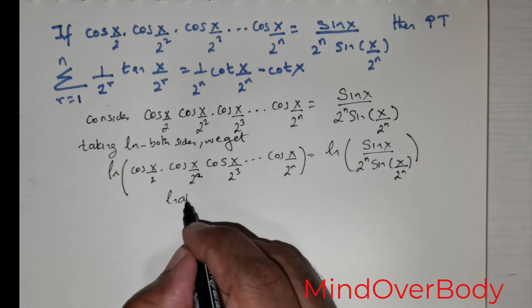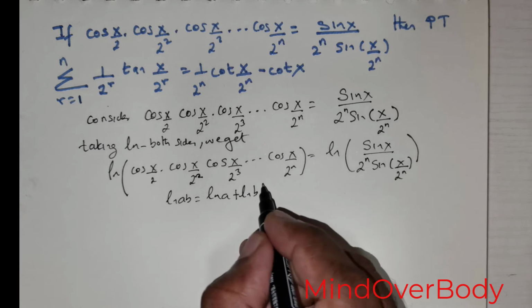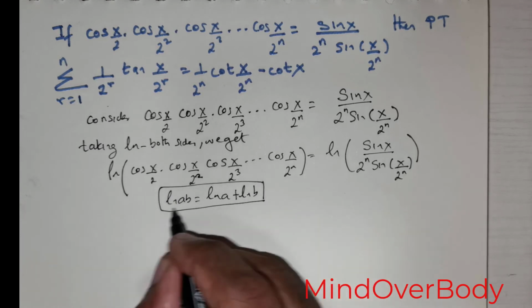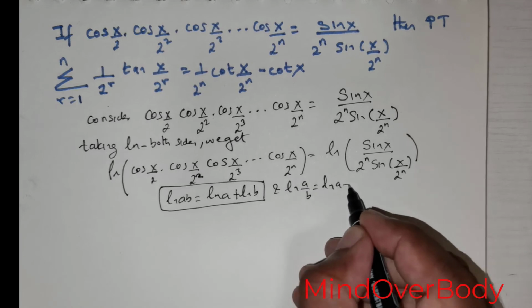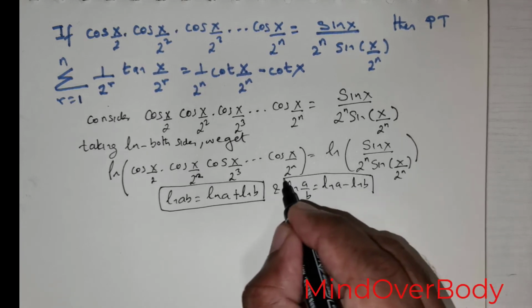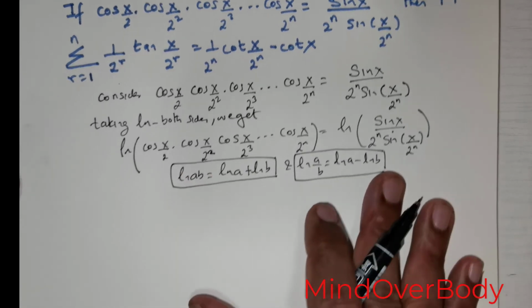Now ln AB is equal to ln A plus ln B, and ln of A over B is ln A negative ln B. I would be using this property over here and this property over here.